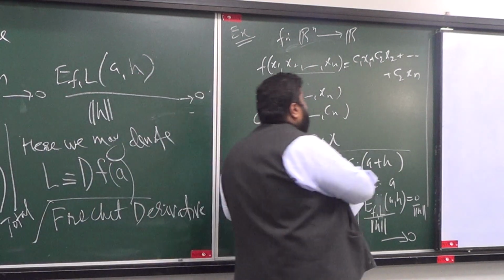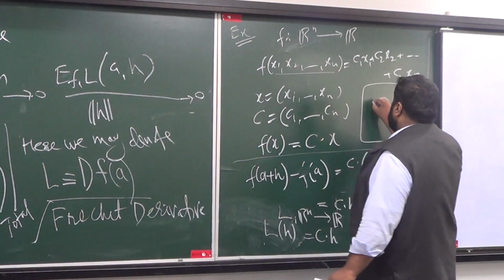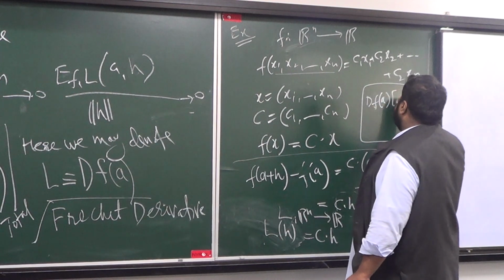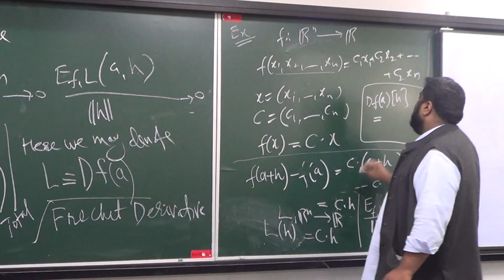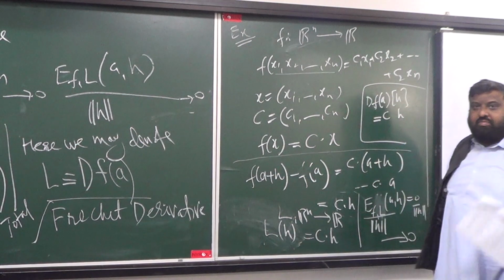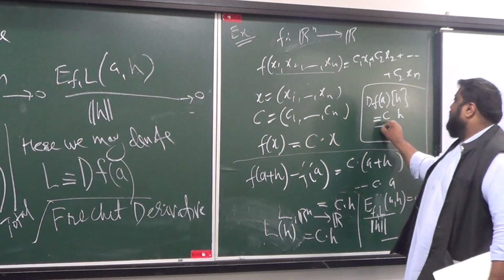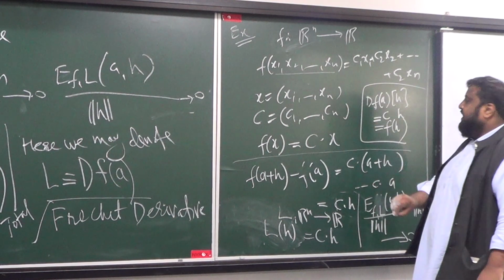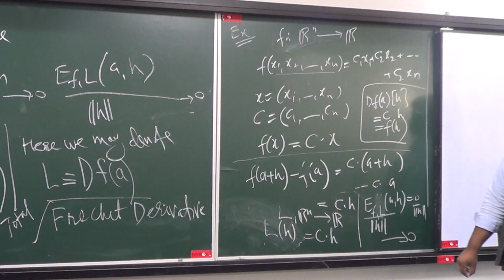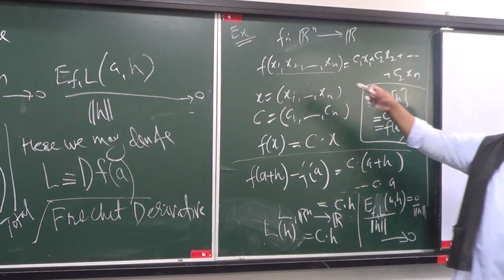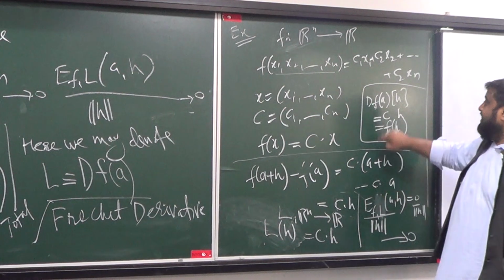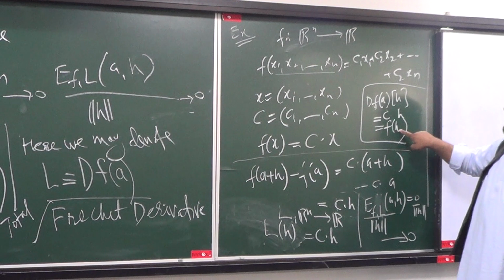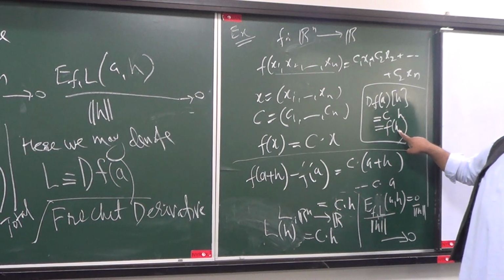But here is something very interesting. The Frechet derivative operated onto h is what? This c dot h. But c dot h can also be treated as f of h, because this is the definition of f of h. So in other words, the Frechet derivative at h and f at h agree with each other.